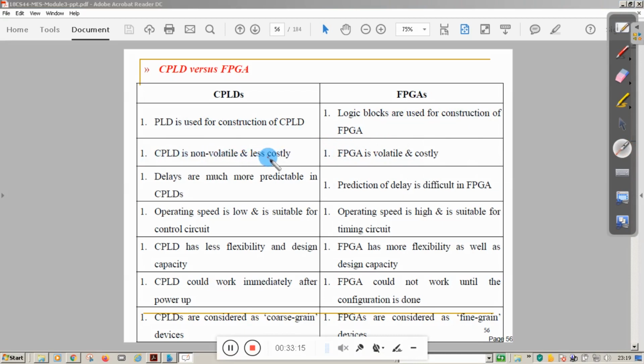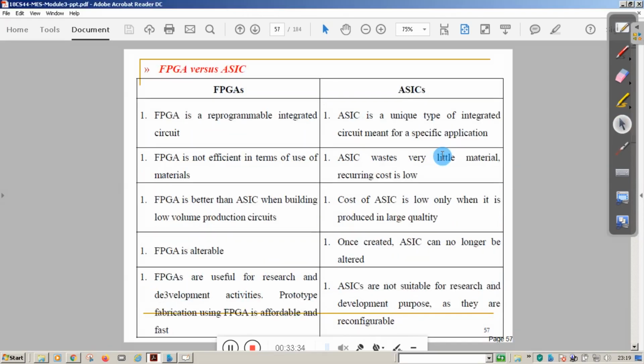CPLD is non-volatile and less costly. FPGAs are volatile and costly. There are some other differences, like prediction of delay is difficult in FPGA. Operating speed is high and suitable for timing circuits in FPGA, but in CPLD operating speed is low. All these are different types of differences.